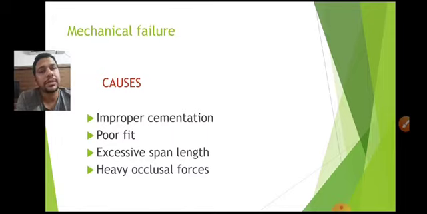If your restoration is opposing an RPD, then the patient can exert up to 30 pounds, that is roughly 15 kilograms. If the opposing is a complete denture, then the patient can exert only up to 20 pounds, up to 10 kilograms.